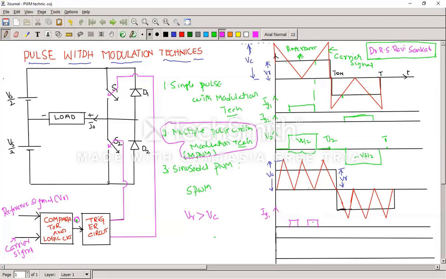You can write the logic in any way, depending upon our requirement. Suppose here we can write that the carrier signal is more than the reference signal. Here I have taken VR greater than VC, so we got only 2 pulses within the half cycle.